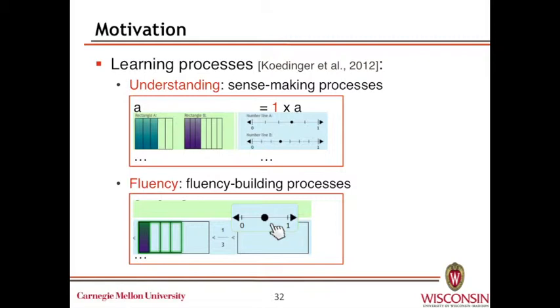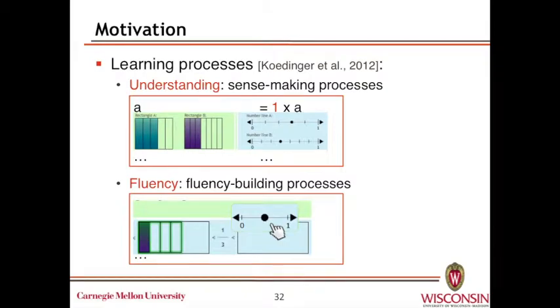So in terms of fractions, when I think about how students make connections between these different representations to understand that they all show the exact same abstract concept, which is a fraction, understanding or sense-making processes mean that students understand what the numerator corresponds to in each of these representations.